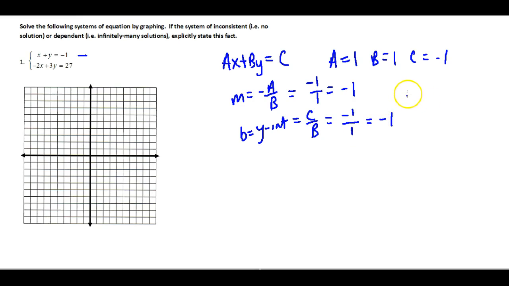So here, in noting that, the y-intercept is telling us that we have a point (0, -1) on our graph. Okay, and of course our slope here is telling us something about how we can move from one point that we know on the graph to the other.